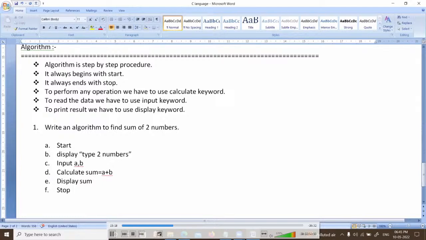It has the serial number, the data type name, the size of the data type, and an example. How many data types are there? 1, 2, 3, and 4. 4 types of data types are there.